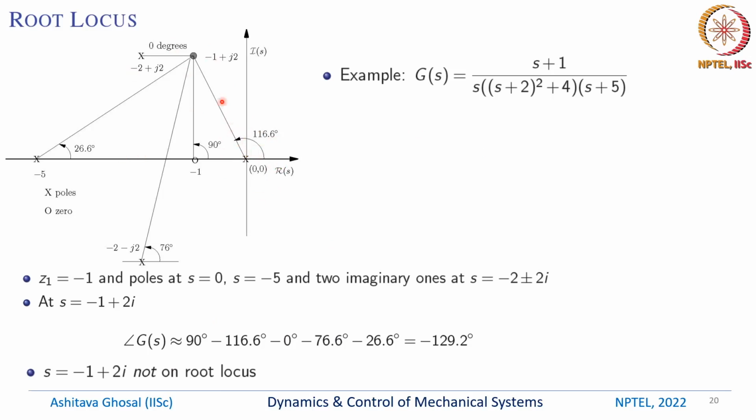We can measure these angles very easily because remember it is r times e to the power j theta. So sine and cosine theta we can obtain from these two points, and then we add these angles, and if the sum is not 180 degrees then it is not on the root locus.